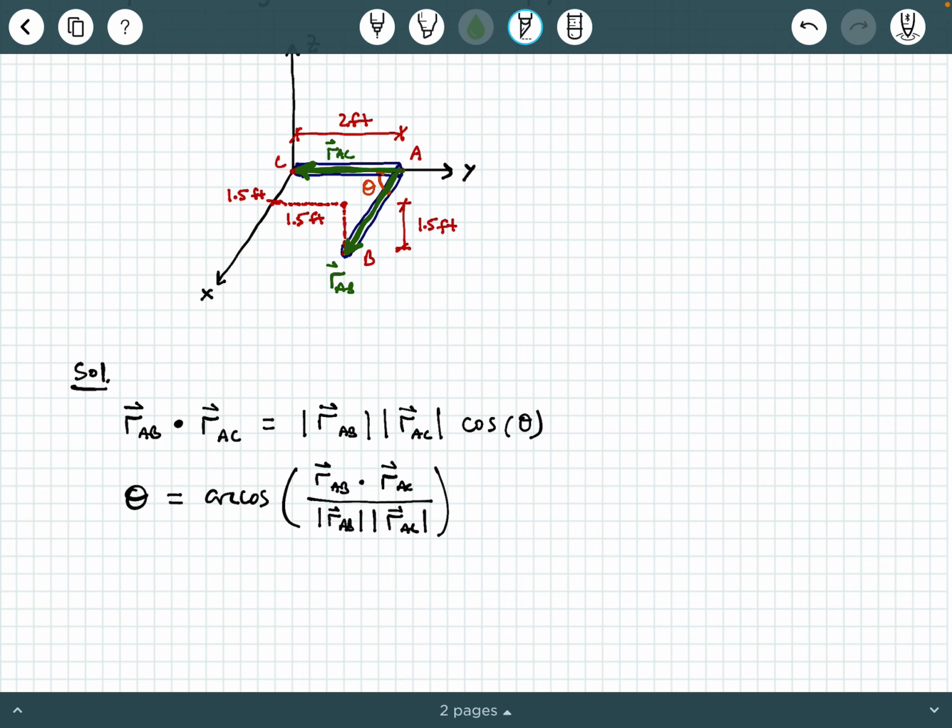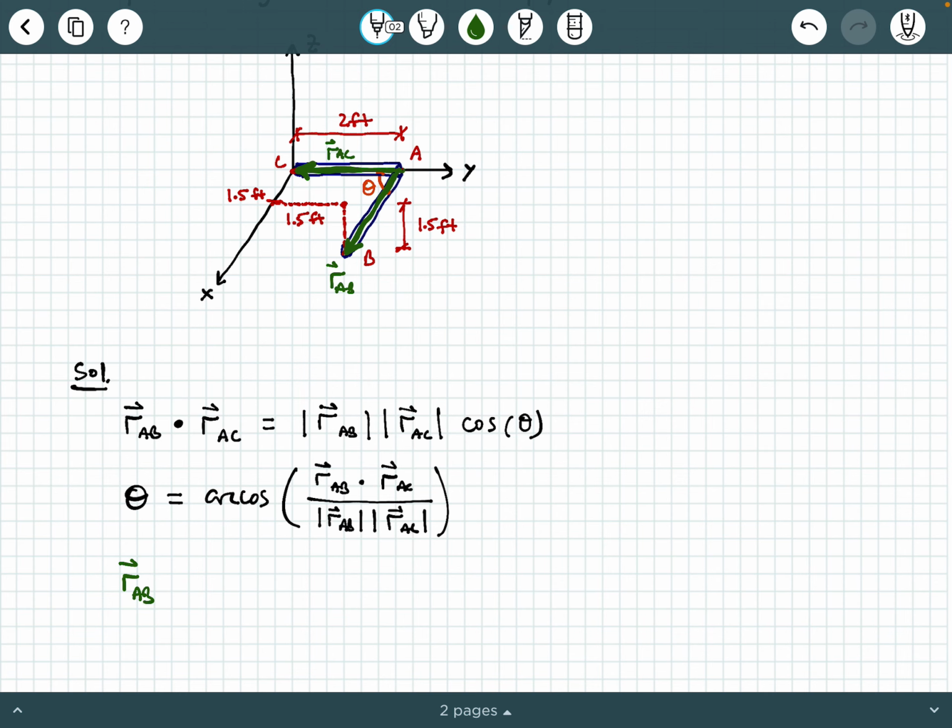Another way you can think of this in your head is coordinates of the head of the position vector minus the coordinates of the tail of the position vector. Either way, different ways to think about that, okay? So let's go ahead and define these two position vectors. I'm going to start with RAB.